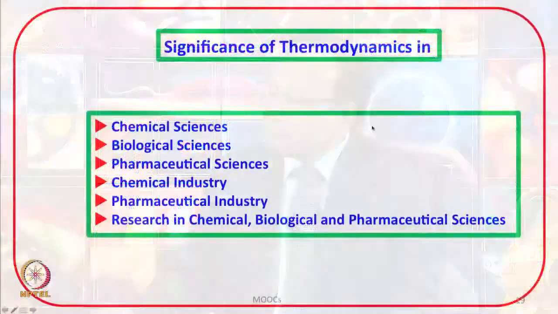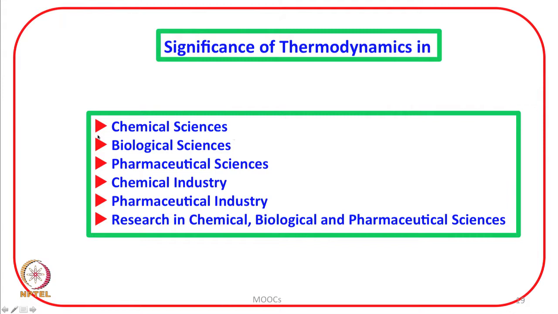As listed in this slide, from chemical sciences to biological sciences to pharmaceutical sciences, chemical industry, and pharmaceutical industry, a deeper understanding of thermodynamics will be very helpful in all of these areas, including research in chemical, biological, and pharmaceutical sciences.